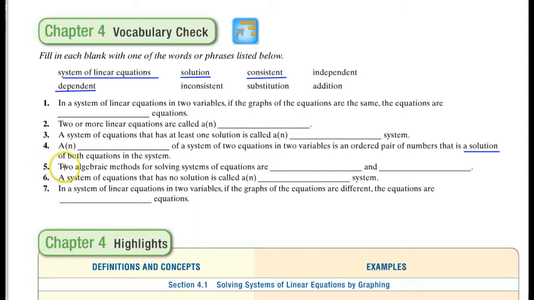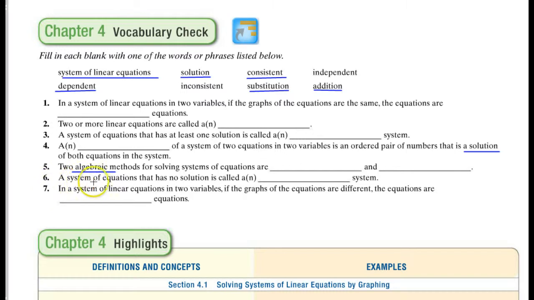Number 5. 2 algebraic methods of solving systems of equations are. Now, I don't see graphing here. That would be one. But the ones we were mentioning are substitution and addition. And I guess the key word there, algebraic methods. Okay. Graphing is not an algebraic method, although we use algebra to solve for y and things like that.